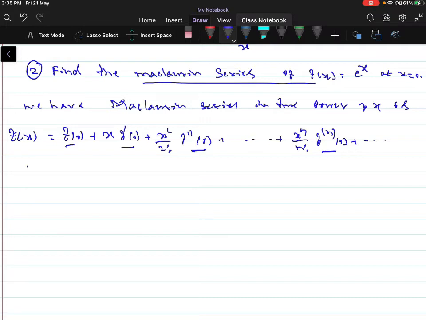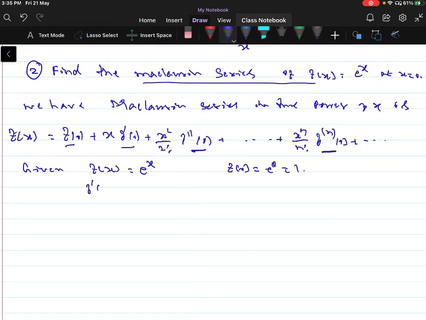So the given function f of x is equal to e power x. So f of 0, f at x equal to 0, that is e power 0, that is equal to 1.